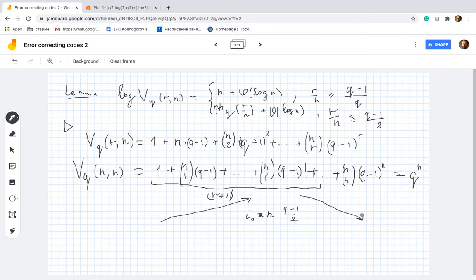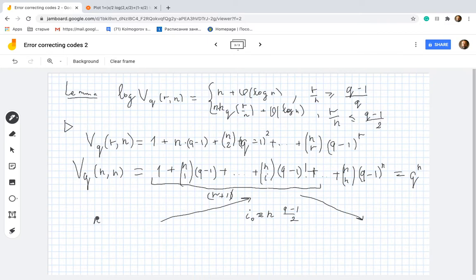And to find this place where we have the maximal term, we just need to calculate the ratio between the i plus first term and the i-th term.